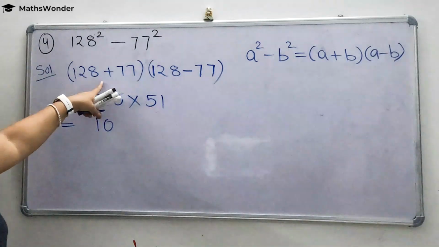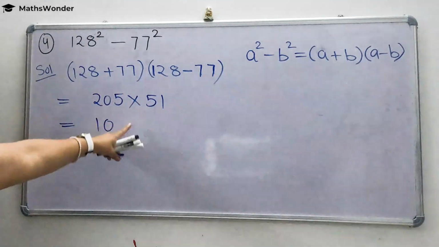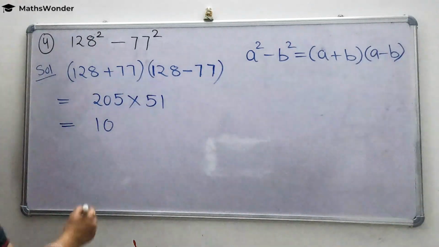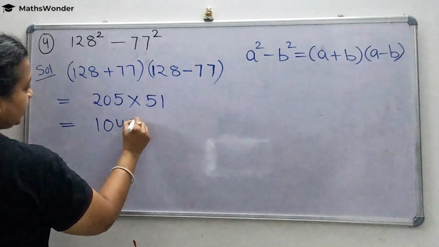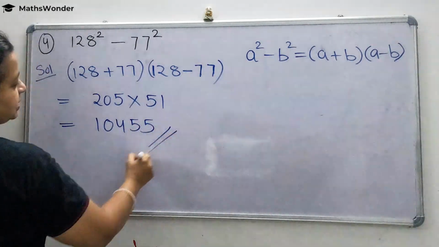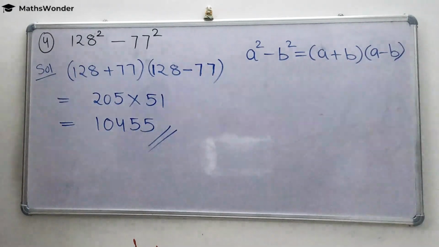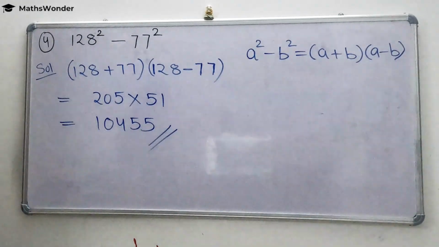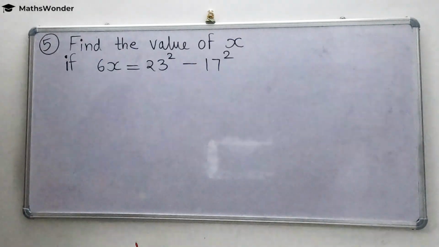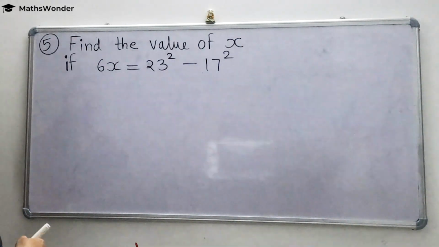You just have to add, subtract and multiply. Three operations you can use here and get the answer. See, this is your answer. So you can get your answer within a second by using the identity.